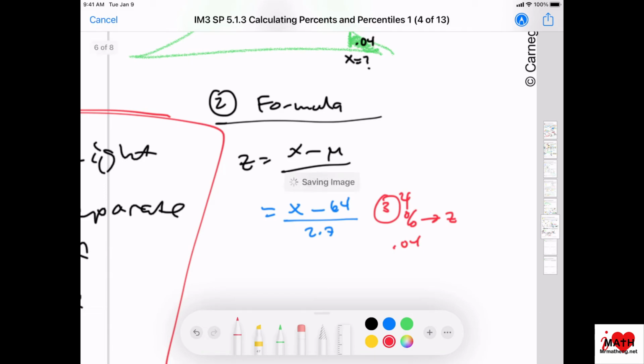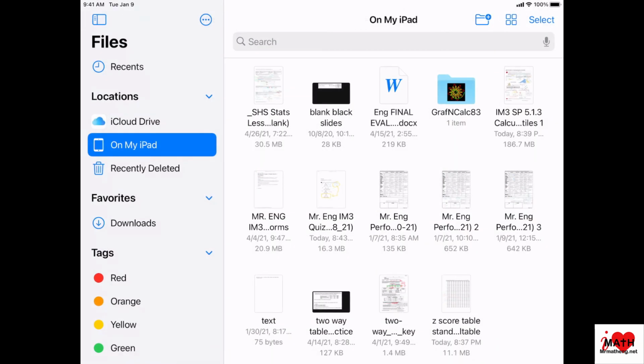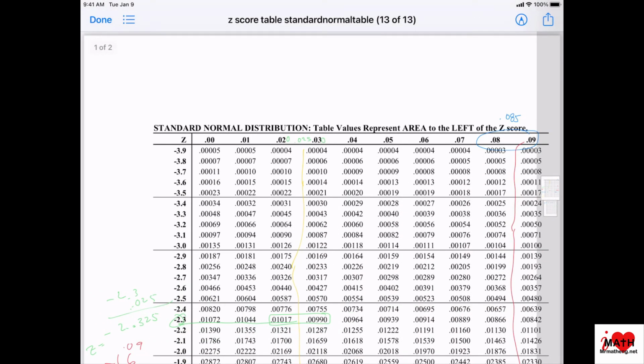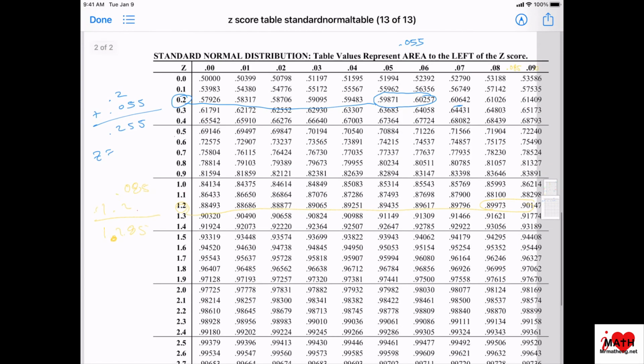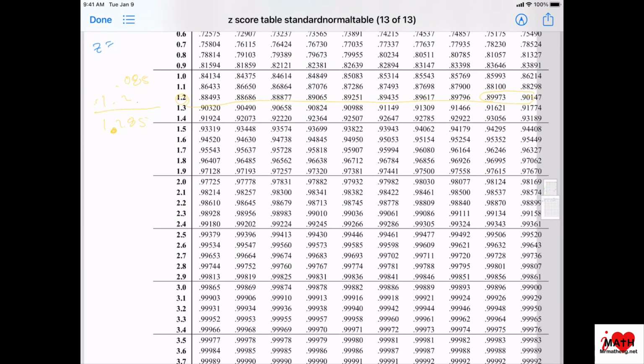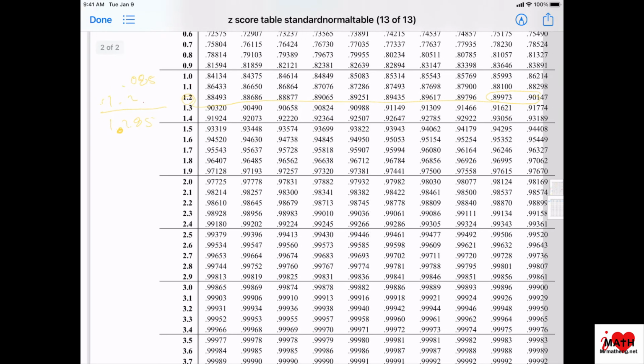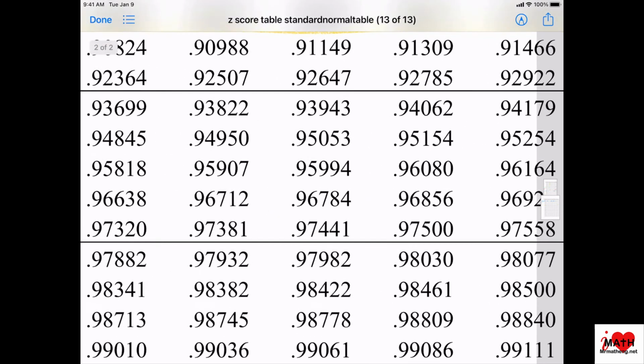Let's go take a look at our table over here. And I'm looking for 96% on the right, so that means the z-score would be a positive. And I'm looking for this one right here.